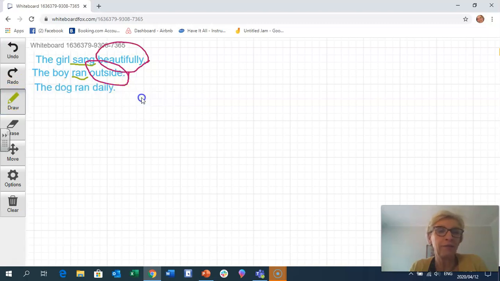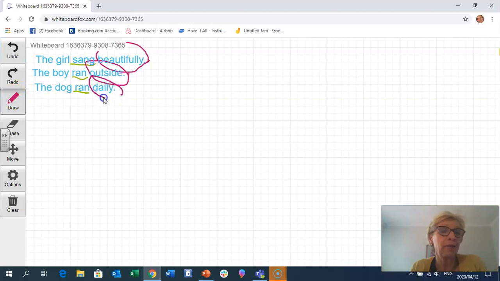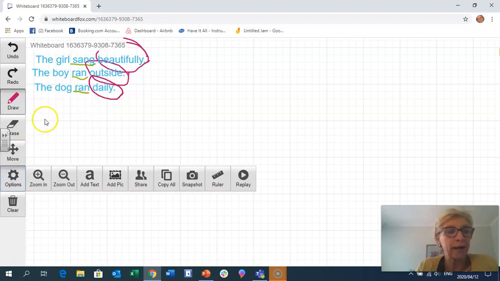Well done. The dog ran daily. Well, dog is obviously a noun, but ran is the verb, and daily is the adverb. Tells me when the dog ran. So there are your three adverbs. Beautifully is how, outside is where, daily is when.